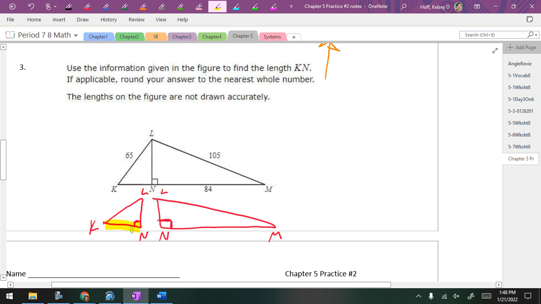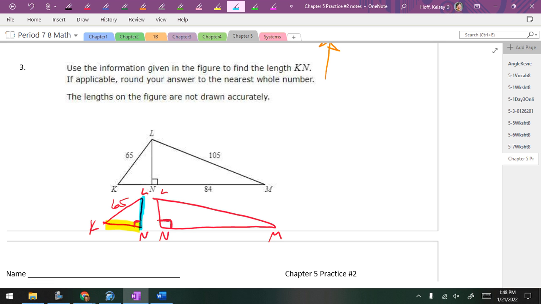Well, in the triangle with KN, what else do you know about that triangle? The hypotenuse is 65. But if I want to figure out KN, I have to know this other side too, right? And right now I don't have enough information.